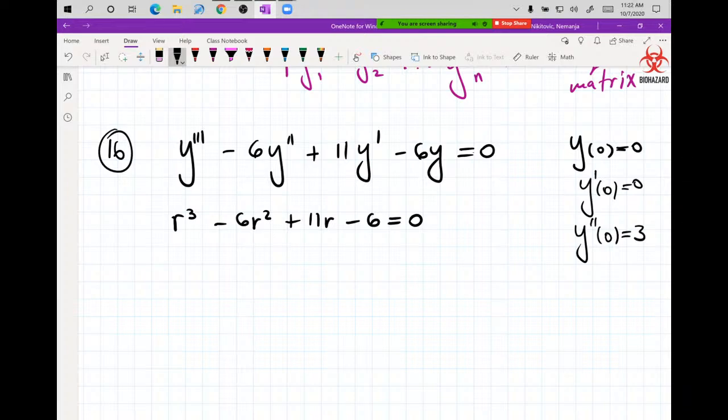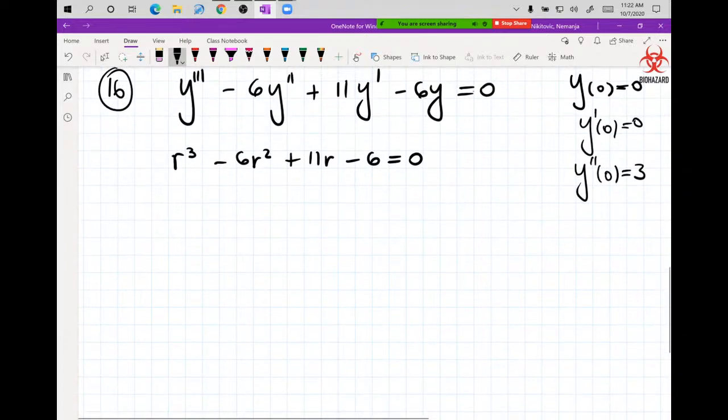So now we're just using the conversion as was instructed last time. So we are replacing these derivatives with the r cubed and r squared and so on, wherever they belong, keeping the constant the same way as they are. So just 1, negative 6, 11, and negative 6. Okay, good.